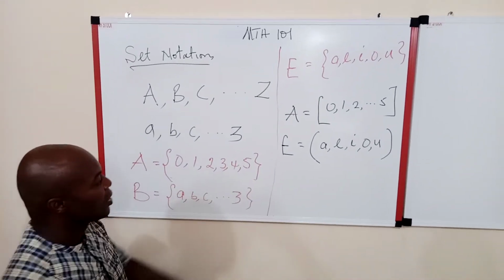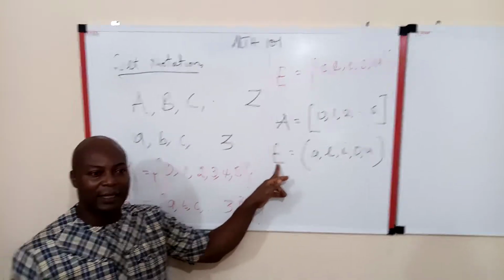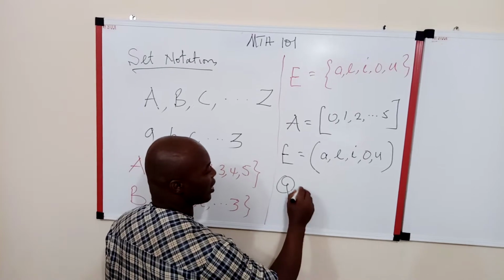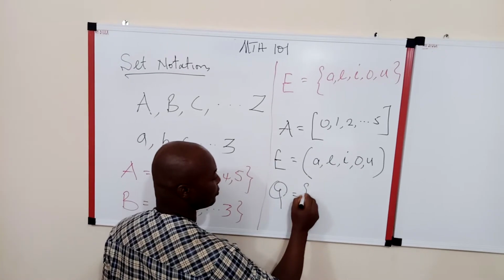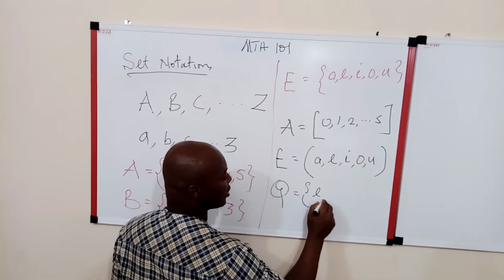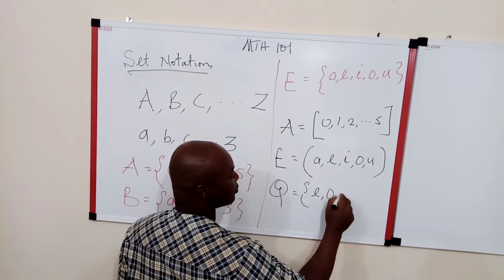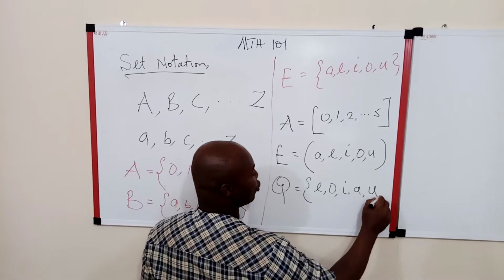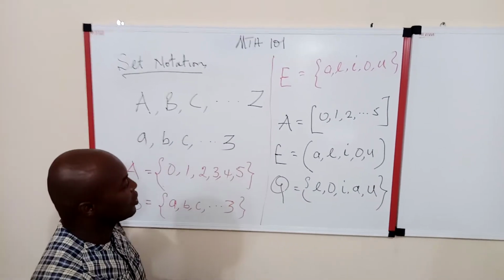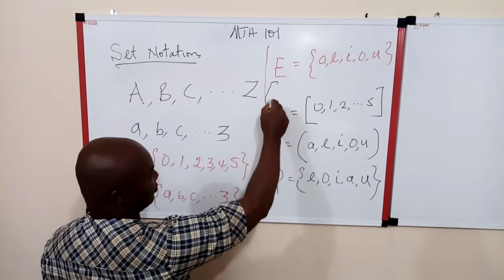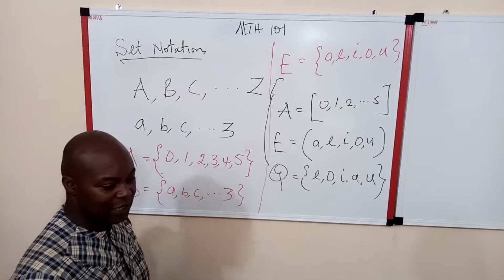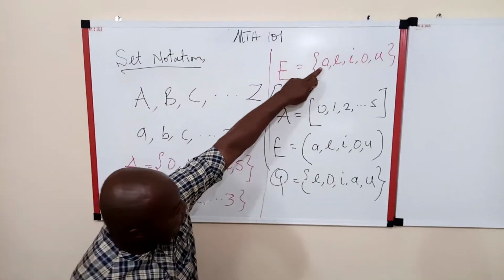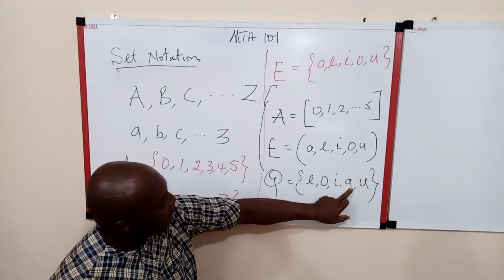How do I mean? If we consider set E, and we consider another set, say Q, and let Q be E, O, I, A, U. If we consider these two sets, you see that A is here, A is also here.